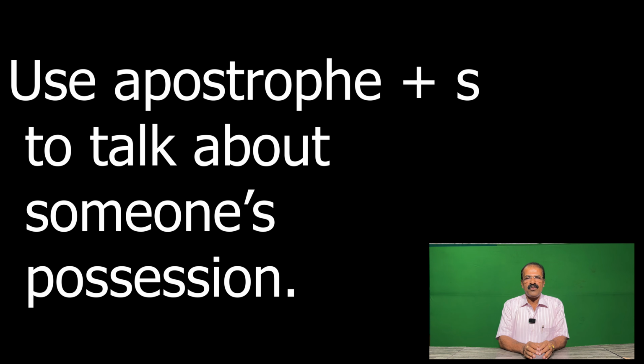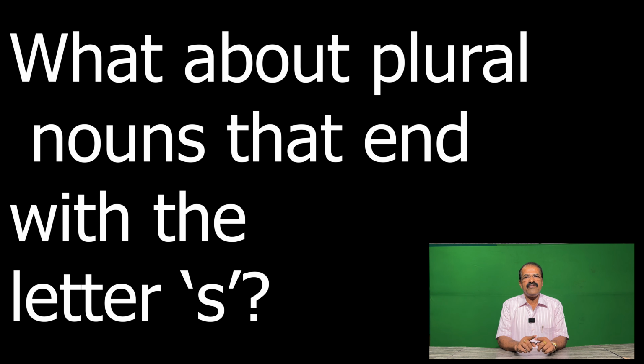So what is understood now? To talk about the possession of a singular noun, you have to make use of apostrophe S. Even when a name ends with the letter S, you have to make use of apostrophe S to talk about his possession or her possession. So this is the most important usage of apostrophe S. But then what do you do when you have a plural noun ending with S?